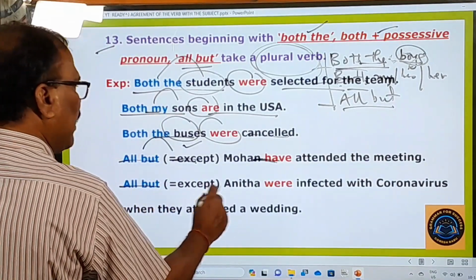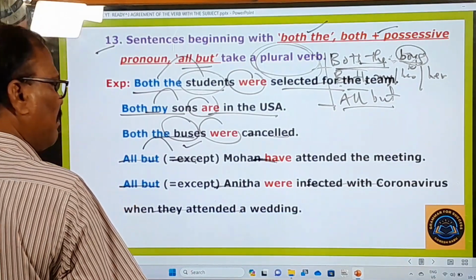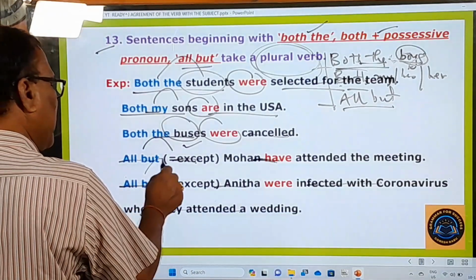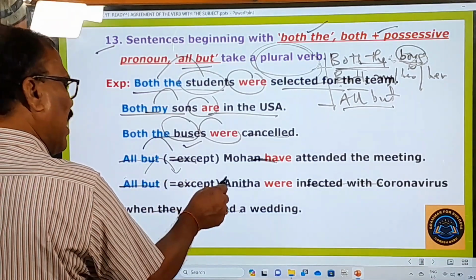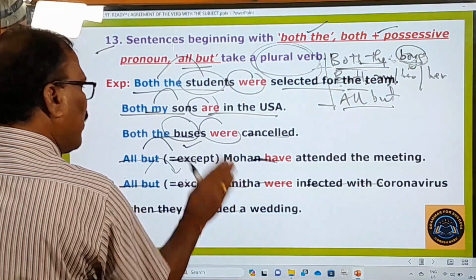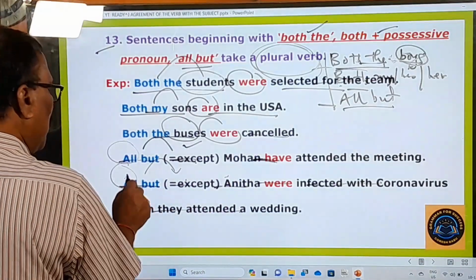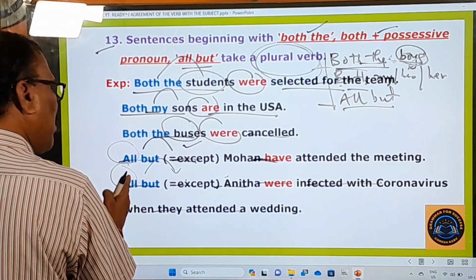All but Anita were infected with the coronavirus when they attended a wedding. So all but means here except. All except Anita were, because except Anita, you are dropping Anita, and here all is there. So according to this, all is a plural word. It is indicating plural meaning.